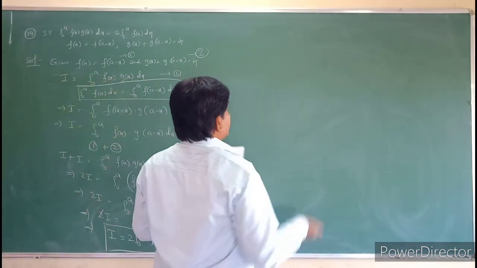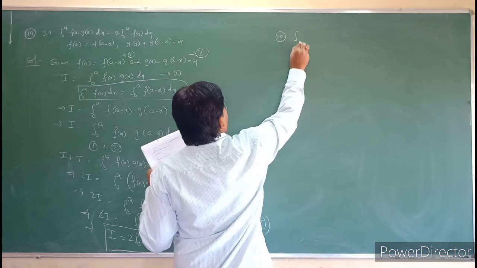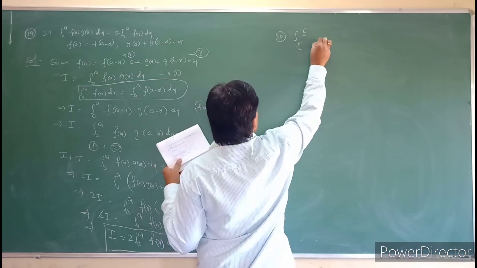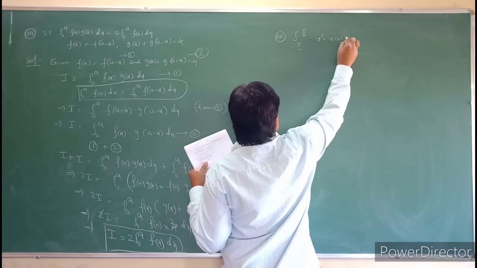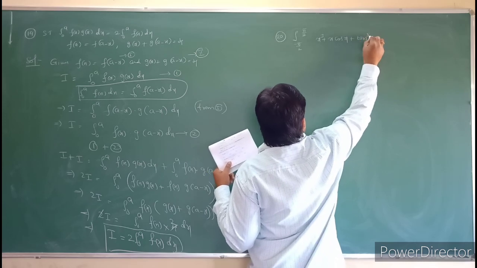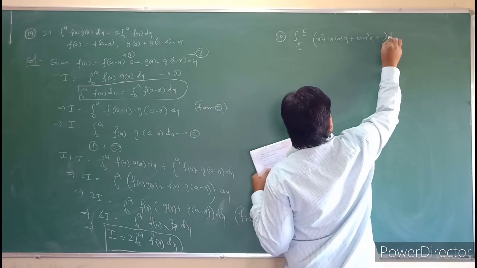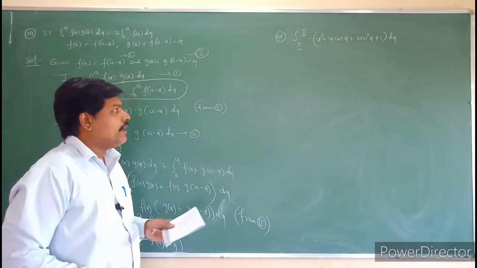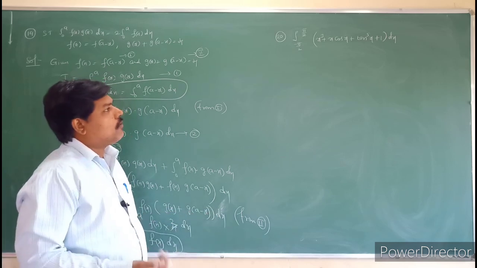See question number 20: the integral from minus pi by 2 to pi by 2 of (x cubed plus x cos x plus tan^5 x plus 1) dx. They are asking you to calculate this value.